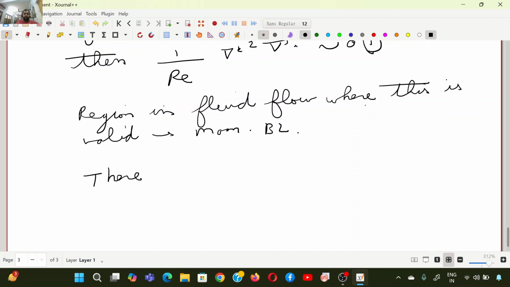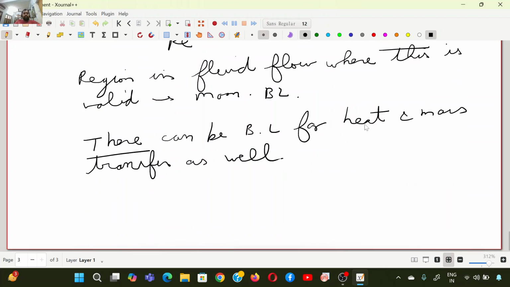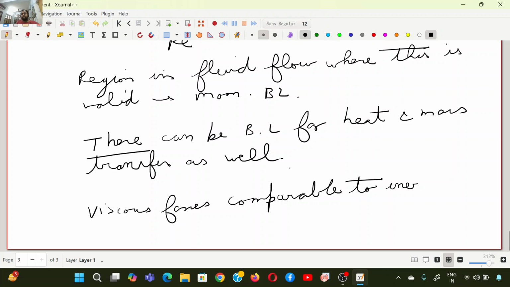Likewise, there can be boundary layers for heat and mass transfer as well. Basically, in the boundary layer, the viscous forces are comparable to the inertial forces. Okay, let's take a small break and then I will come back to the boundary layer concept.